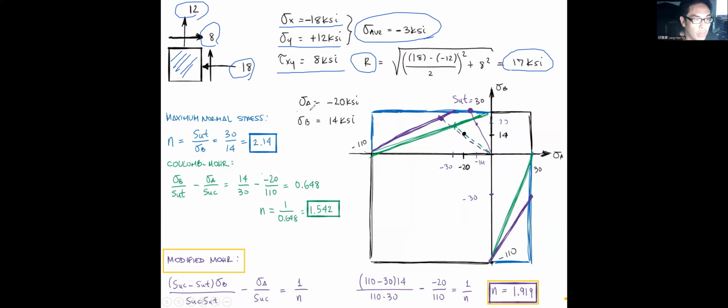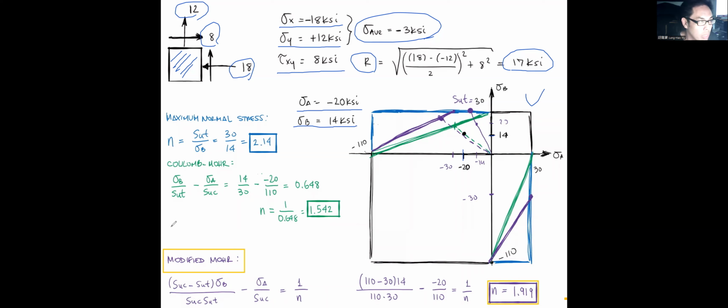Then we can figure out the principal stresses. Right now we can use the three criteria to figure out the safety factor, so we plug the three criteria into one stress envelope. Sigma A is minus 20 and sigma B is 14.